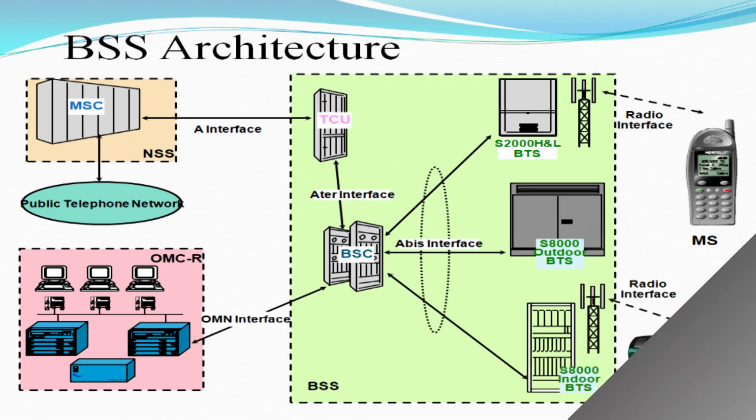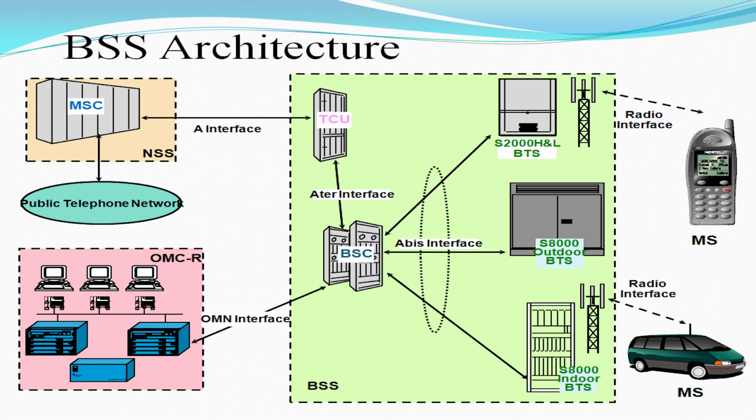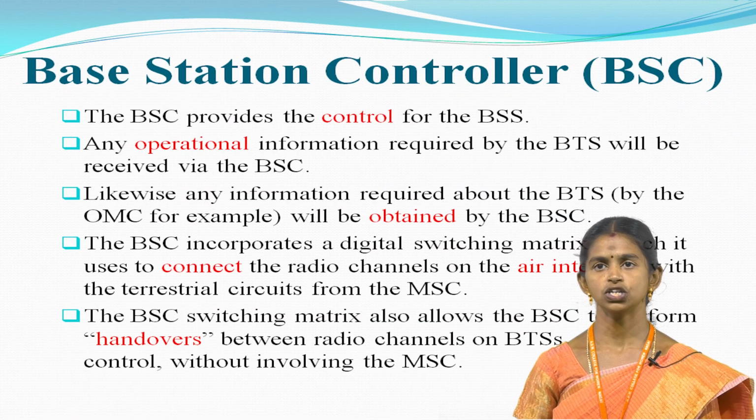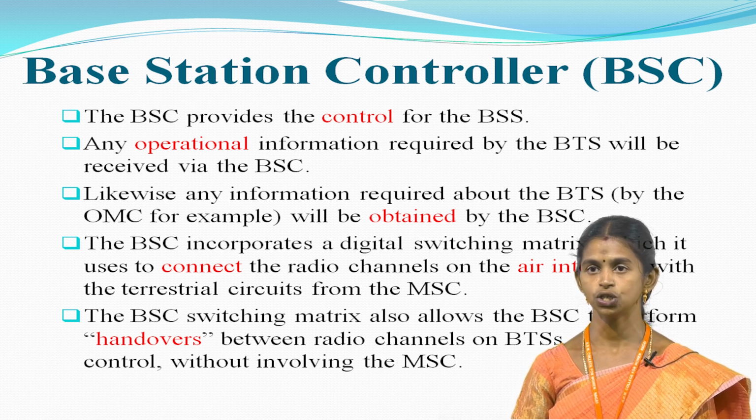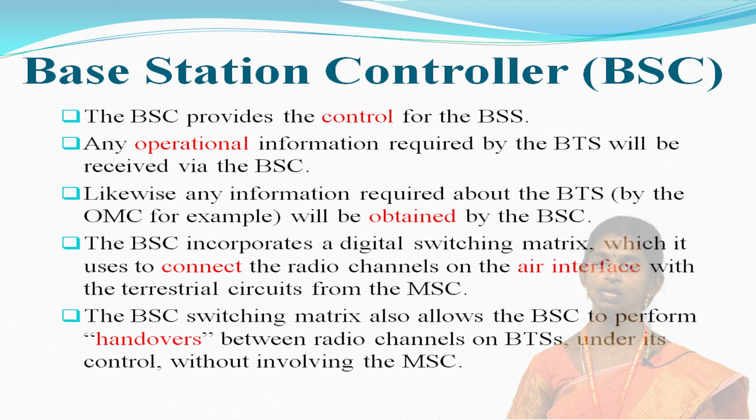BSS. The BSS architecture is described here. Base station controller, that is BSC. The BSC provides the control for the BSS. Any operational information required by the BTS will be received via the BSC. Likewise, any information required about the BTS will be obtained by the BSC.